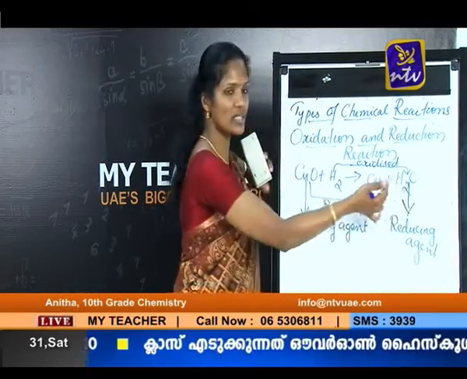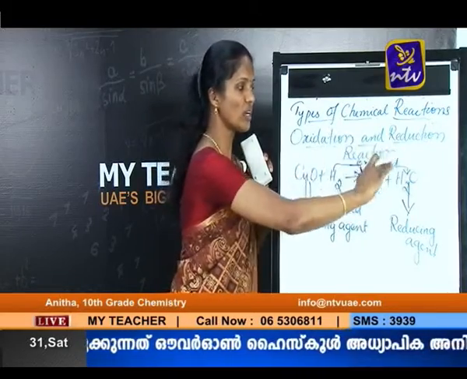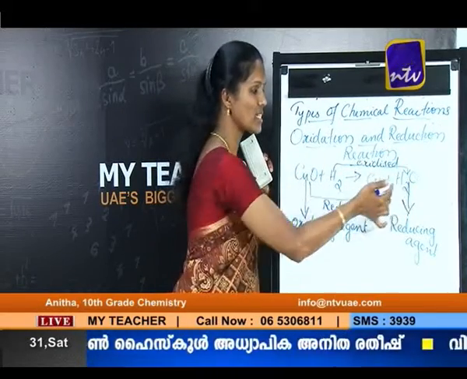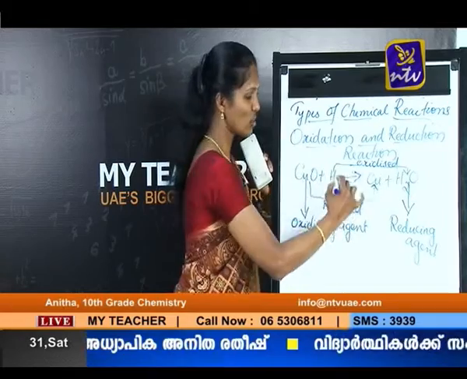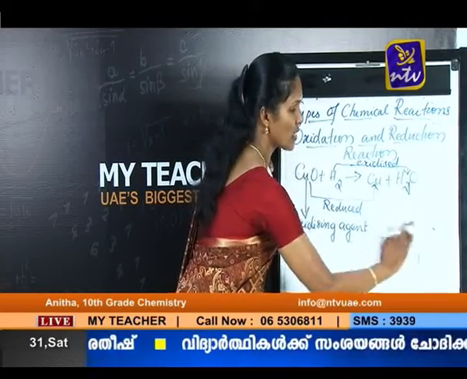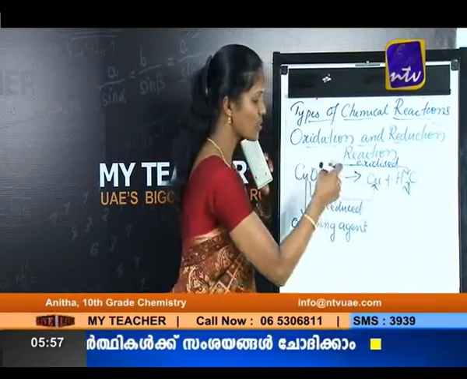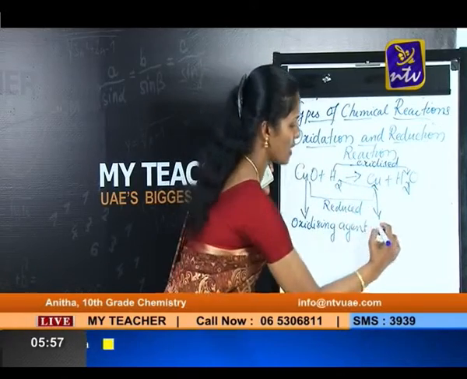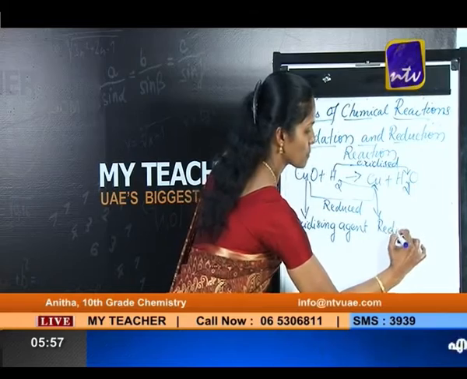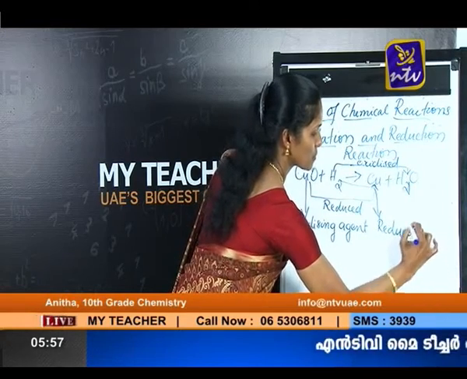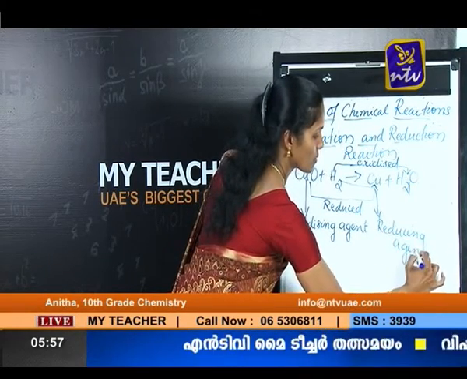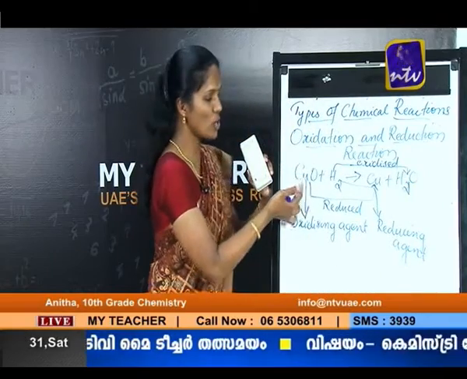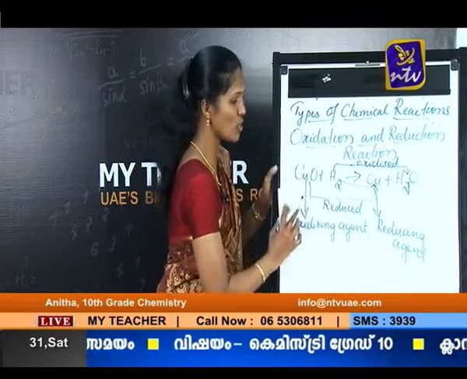Because this hydrogen is helping CuO lose its oxygen, as oxygen is getting removed because of hydrogen. Normally we write the oxidizing agent and reducing agent on the same side only. So, we write hydrogen as a reducing agent. CuO plus H2 gives Cu plus H2O.